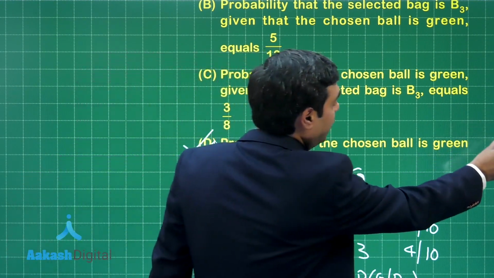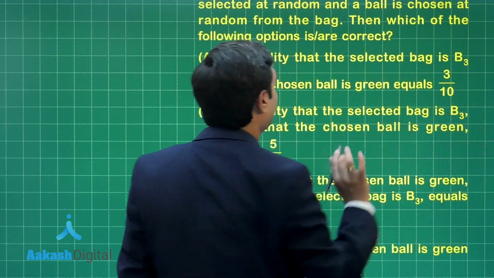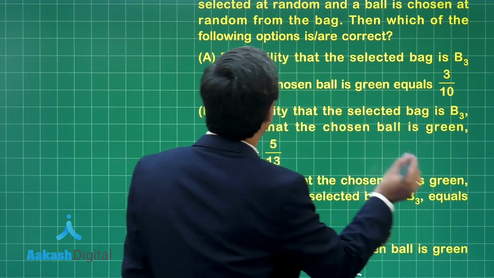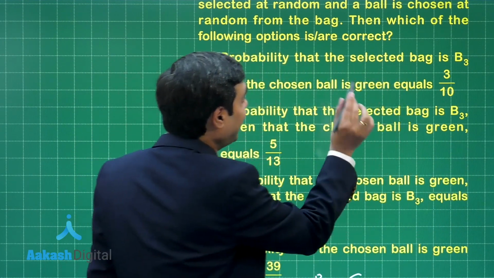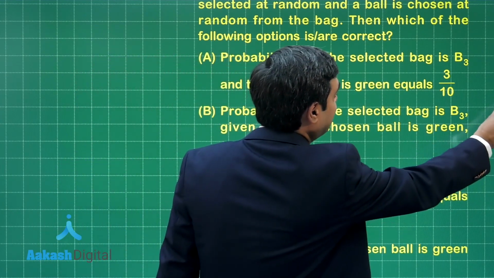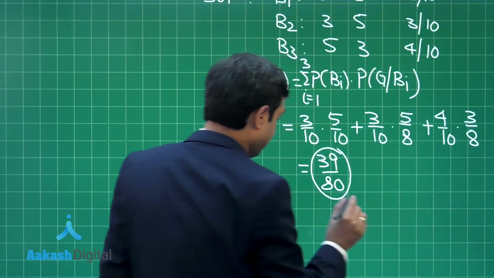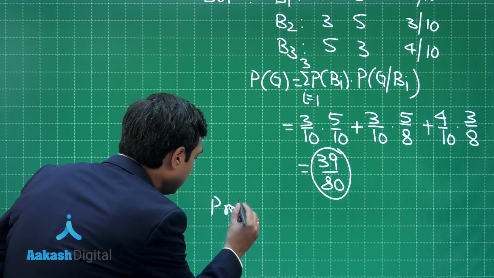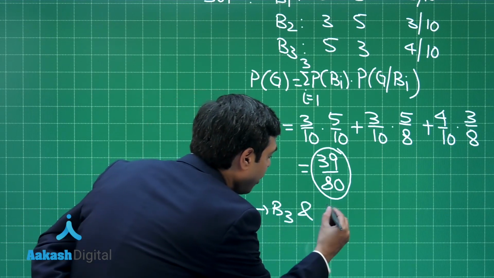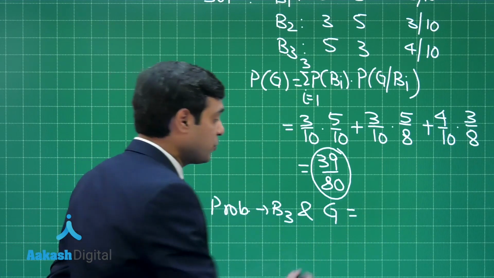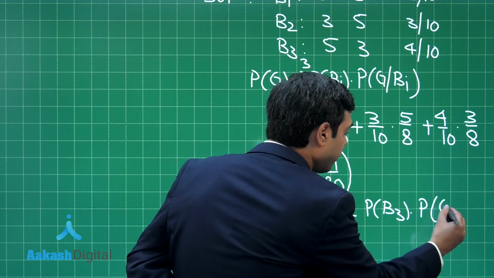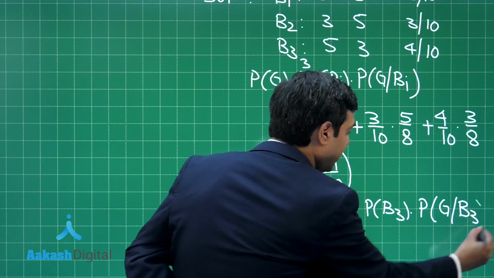Let's see the other options. First one is talking about bag B3, second is also talking about B3, third is also talking about B3. So let's start this one. Probability that the selected bag is B3 and the chosen ball is green. This will be equal to simply probability of B3 multiplied with probability of green from bag B3, right?